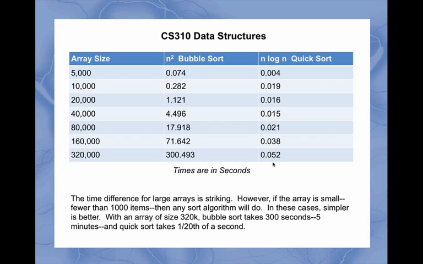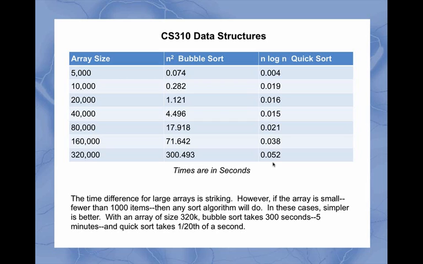The code for bubble sort, selection sort, and insertion sort, which are the algorithms we are looking at in this lecture, is so much simpler than the faster algorithms. Therefore, it's a good idea. Simple code is better than complex code.